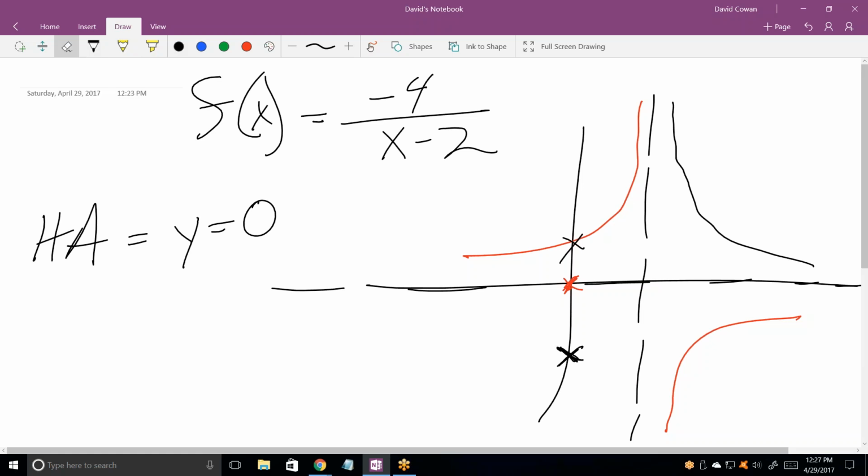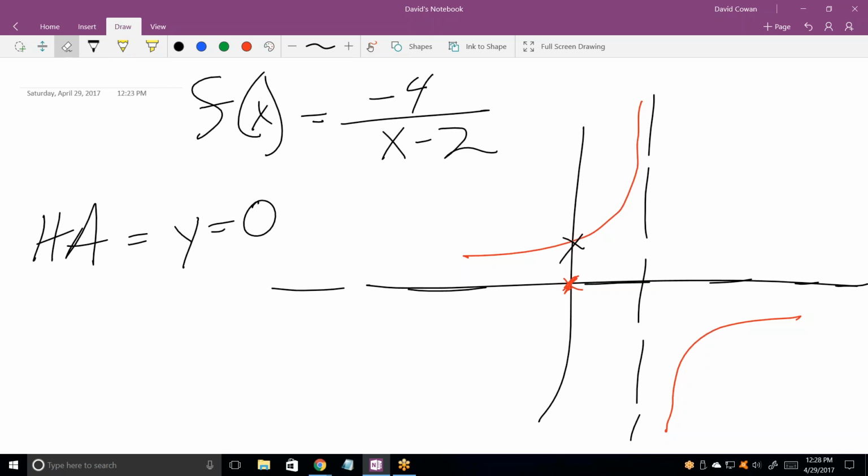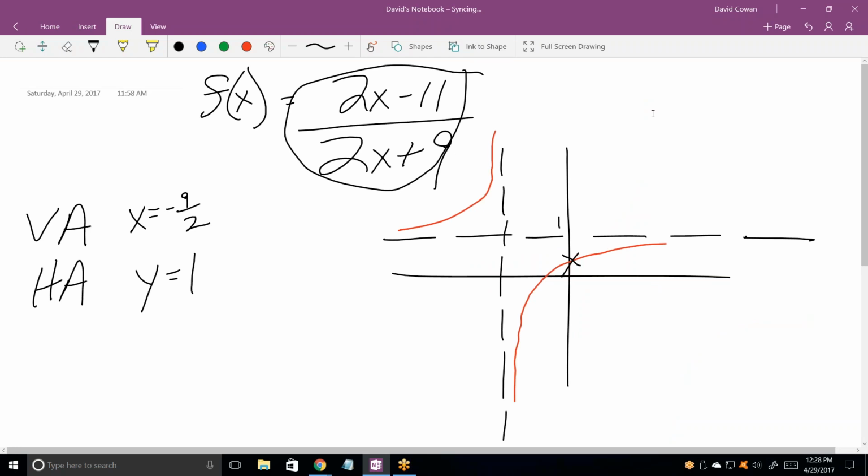One clue that I have picked up over the years is that if you have a negative sign, it's usually second and fourth on your grid, not first and third. Although you'll notice in the previous problem there was no negative sign and we were still second and fourth. In this one, it's 2x minus 11 over 2x plus 9, with no negative sign in front, and that still came out second and fourth.